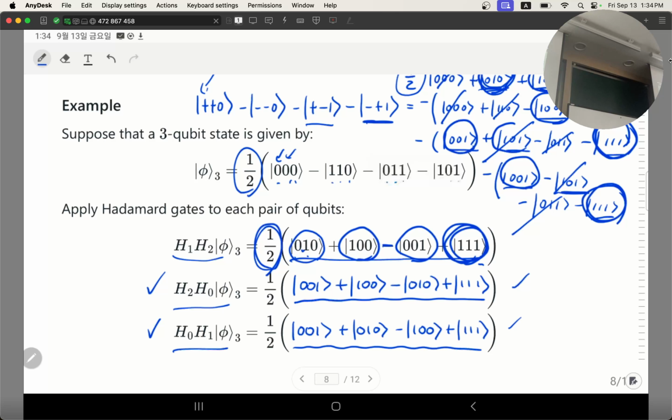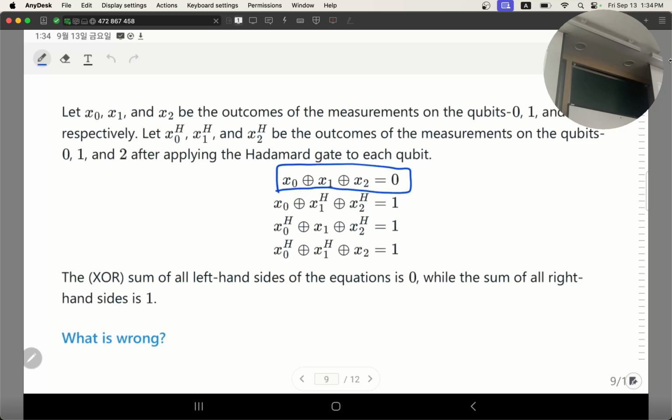If you add these numbers as a Boolean sum, they are always zero, because in any of these 4 cases there are either none or 2 ones. If you add them up, you always get 0 as a Boolean summation. So that's what it says. It's not simple addition, it's a Boolean addition.